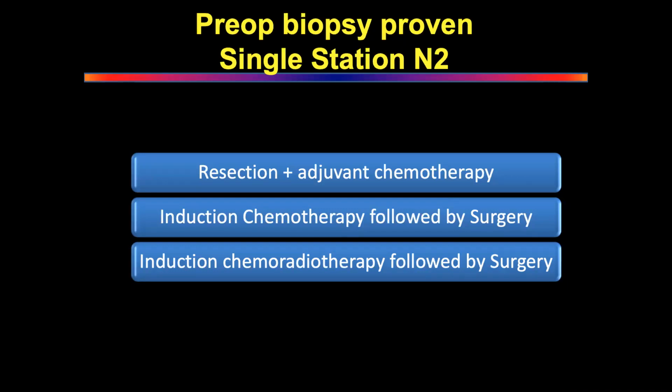Okay? So two situations where you may offer surgery. Number one is incidental N2 at the time of surgery. So intraoperatively, you found an N2 node, you will continue the surgery. And number two, if it's a young, fit patient with a single station N2, there is now evidence to suggest that you could do surgery followed by chemotherapy. However, if the MDT feels that induction chemo or chemoradiotherapy should be given, then that's okay.